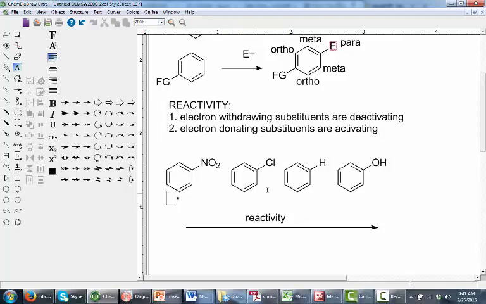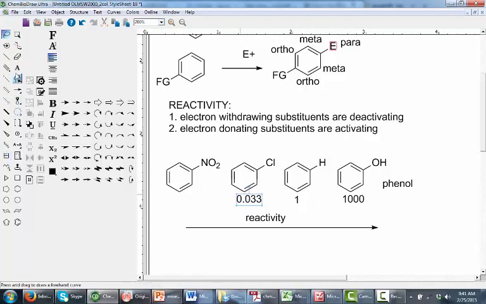Well, if I take unsubstituted benzene, and I make that rate 1, then relative to that rate, the reaction of the hydroxyl substituted benzene, or phenol, here let's put that in here, the reaction of phenol is 1,000 times faster. The reaction of chlorobenzene is 0.033 times as fast.